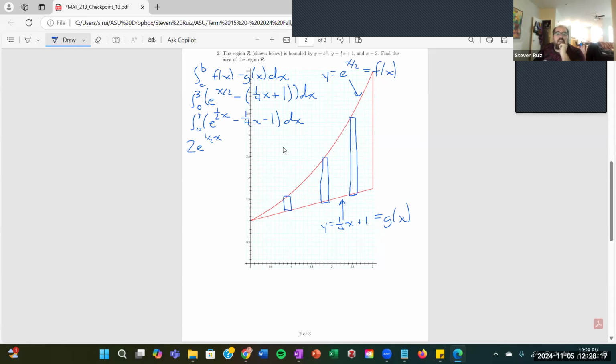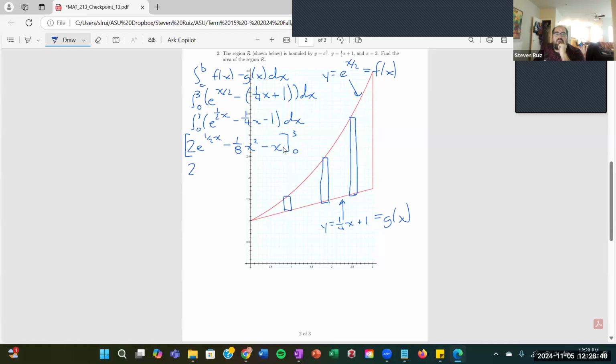Okay, moving on. What is the antiderivative of 1/4 x? Well, the antiderivative of x is 1/2 x squared. So this will be 1/8 x squared minus x. And then I'm going to evaluate all three of these terms from 0 to 3. So let's go ahead and do that.